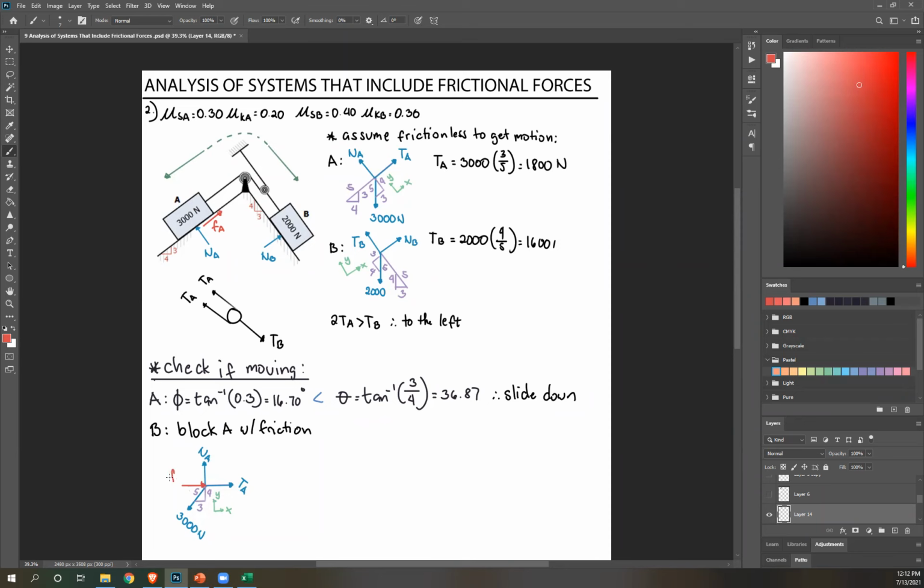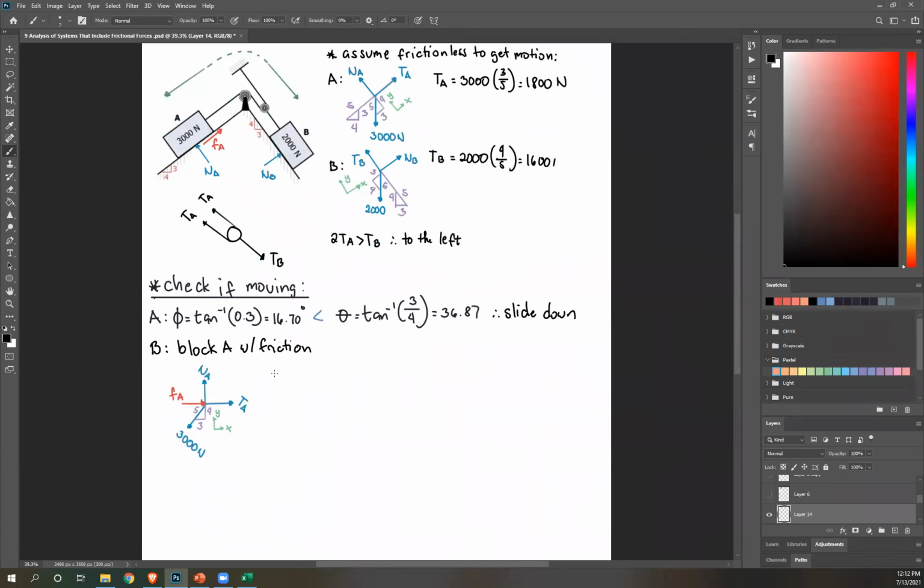Now use equilibrium equations to solve. Let's start with summation of forces y, so that we can solve for the normal force since friction is mu N. So NA minus 3,000 times the vertical component, which is 4/5, equals 0, and solving for this, you get 2,400.